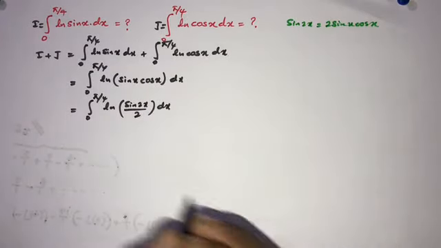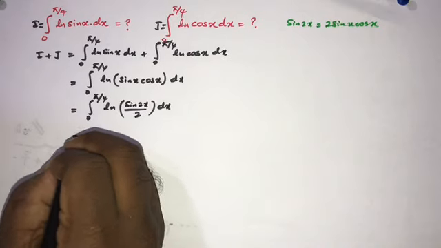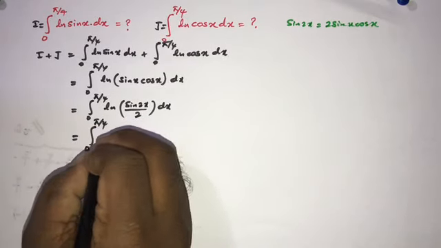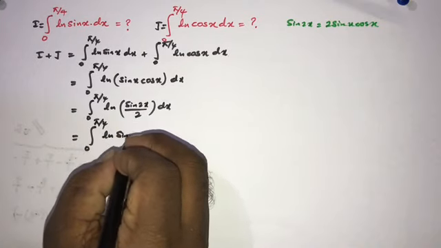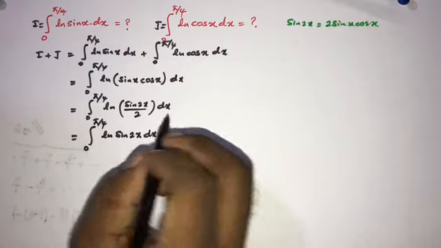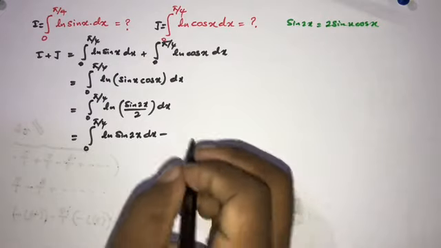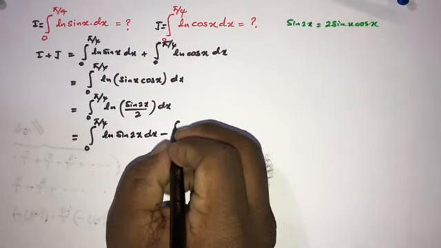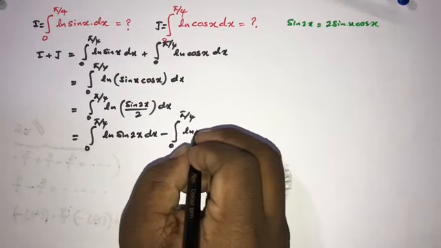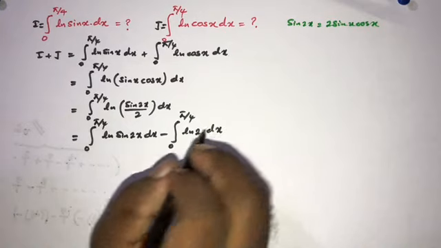Again according to the property of natural log, this is equal to the integral from 0 to pi over 4 of natural log of sine of 2x dx, minus, this division we write as a minus sign, the integral from 0 to pi over 4 of natural log of 2 dx.